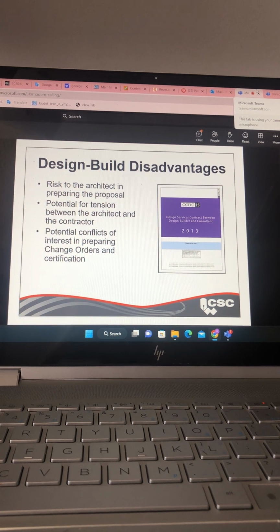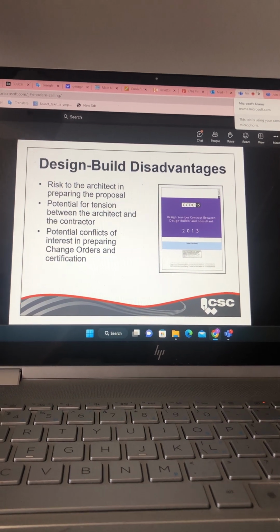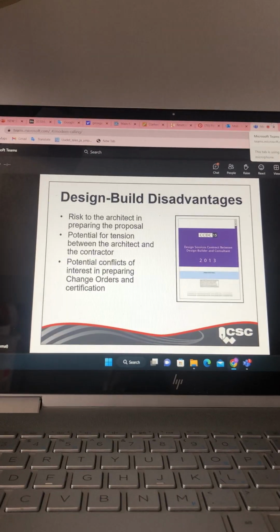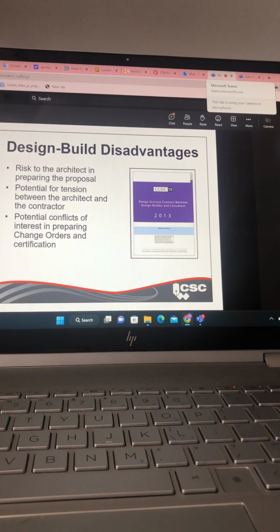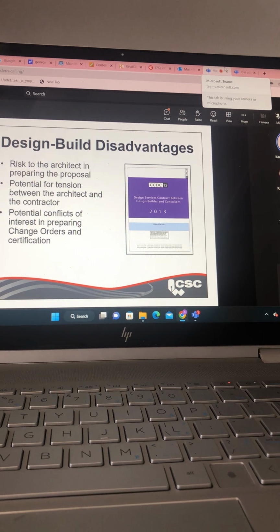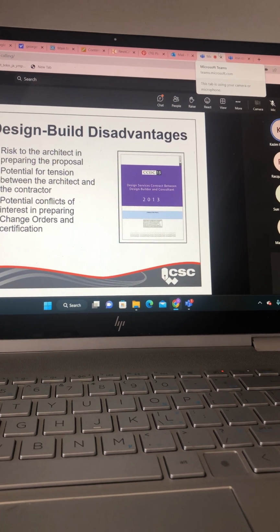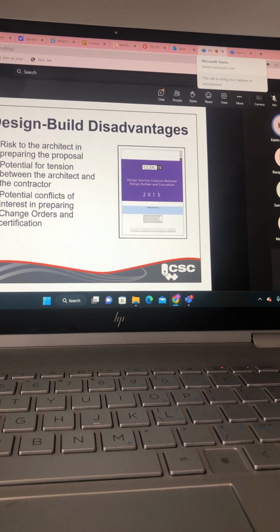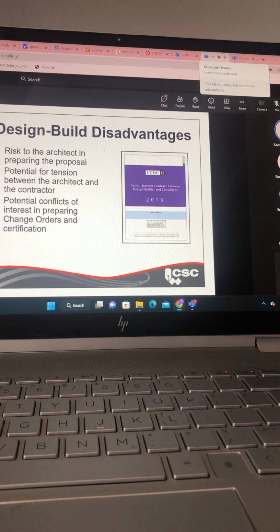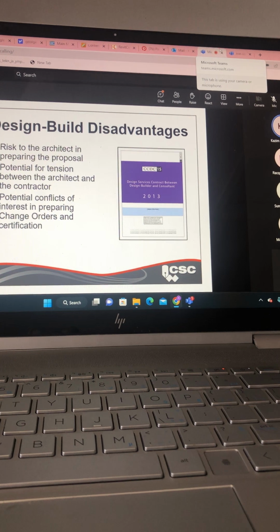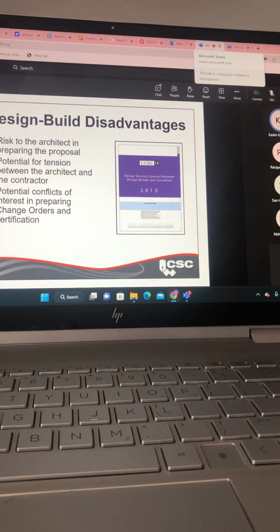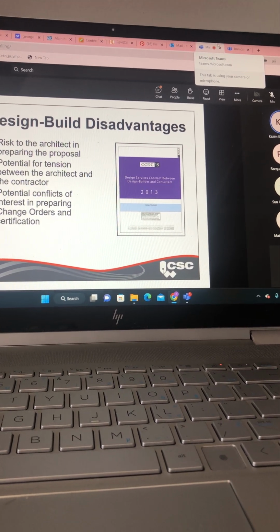Contractors are not bound by any sort of an act, other than being bound by a professional code of conduct, should they be a member of an organization like the Canadian Construction Association. The potential conflicts of interest may occur in preparing change orders and payment certification, because the architect's client and the builder are one and the same.